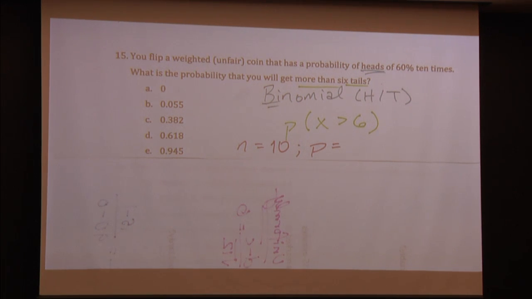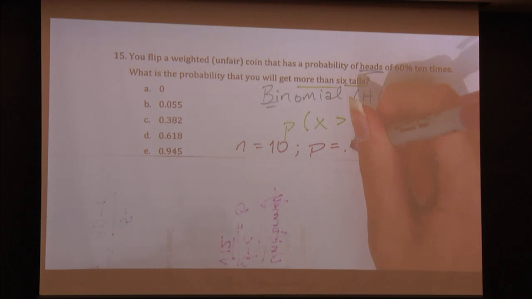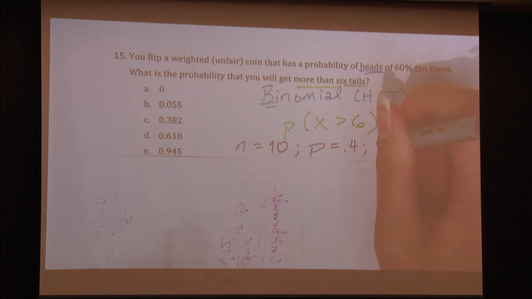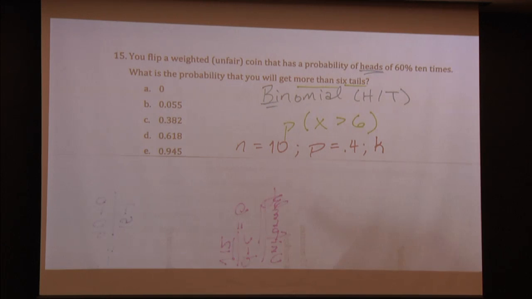Why is it 0.4 and not 0.6? Because we want tails, and the 0.6 refers to the heads. And what value of k are we going to be looking up here? So I heard 6.